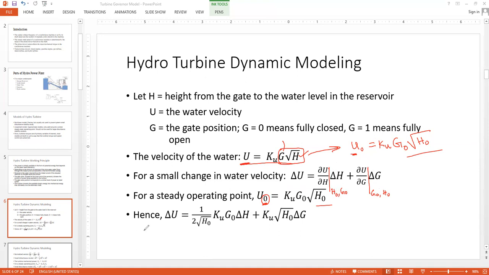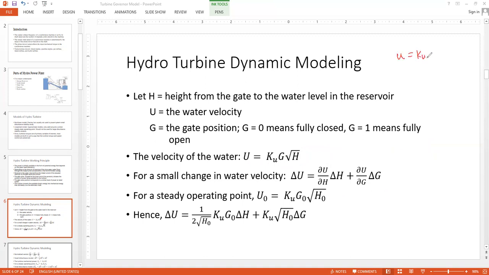So now let's continue with the derivation. So we have del U, and del U is 1 upon 2 H naught square root K_U G naught del H. So let's see how it comes. What we are trying is getting ∂U/∂H. So what is U?